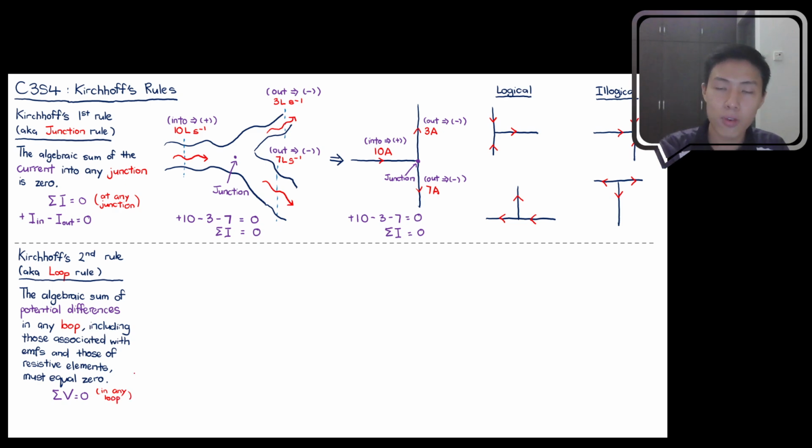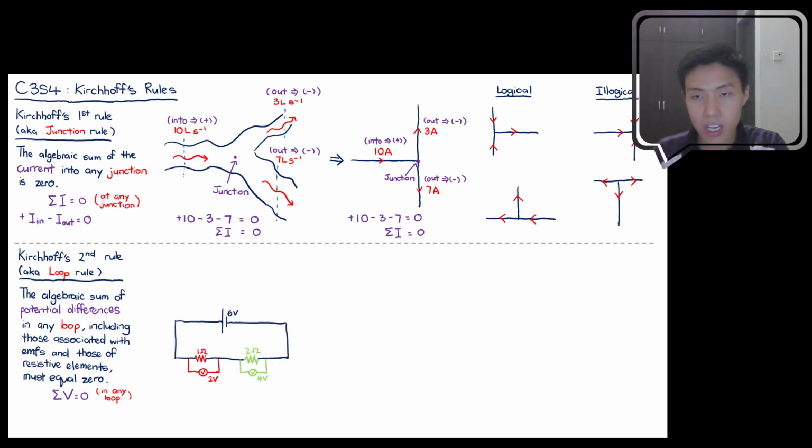Here I'm going to pop up a simple circuit to help me explain the idea of the loop rule. This is a circuit that we studied in the potential divider video, where we have a 6 volt power supply, or source of EMF, which provides energy for the resistors.